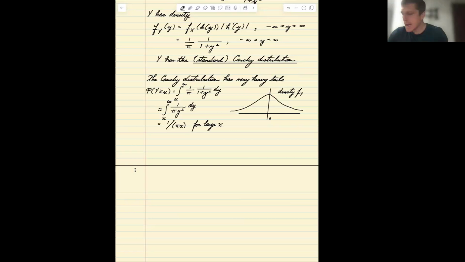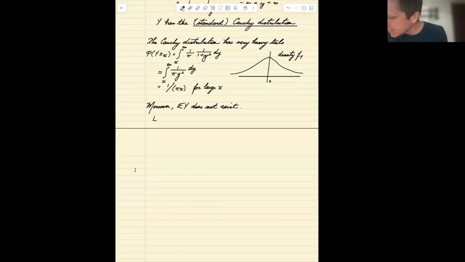And furthermore, because of these heavy tails, the expectation of the Cauchy does not exist. So this is an example of a random variable that does not have an expectation. The reason is that if we take the expectation of the positive part of y, this is the integral from 0 to infinity of y times the density. We can do a u substitution, right?